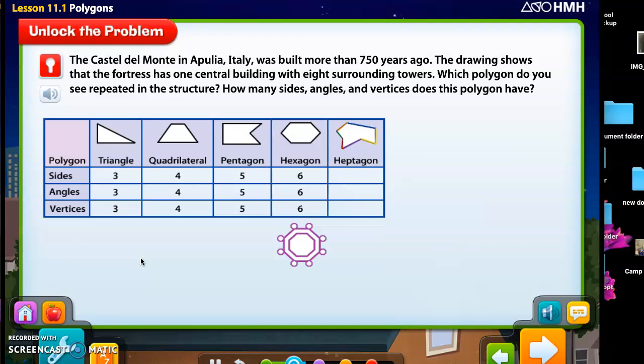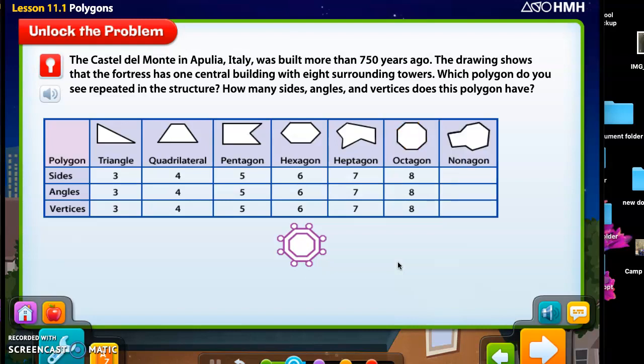Next, there is the heptagon. A heptagon has 7 sides, 7 angles, and 7 vertices. What about the octagon? The octagon has 8 sides, 8 angles, and 8 vertices.